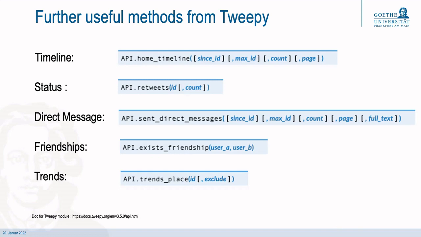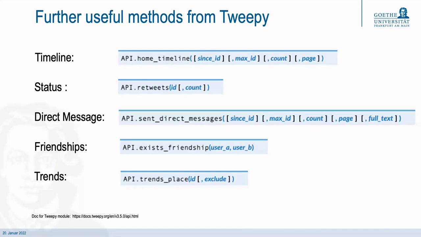And there are also direct message methods. So API.send_direct_message returns direct messages sent by the authenticating user, and here full text would be the full text message you want to send. Friendship is another method from Tweepy.